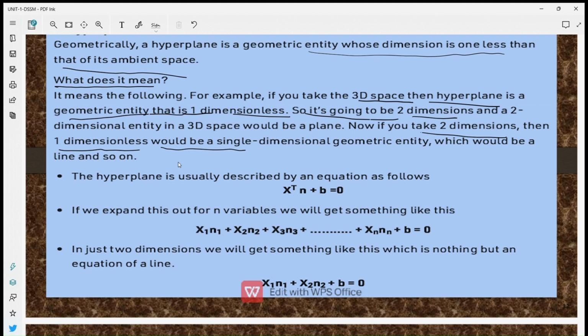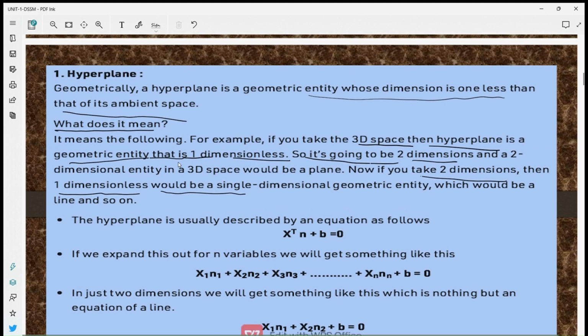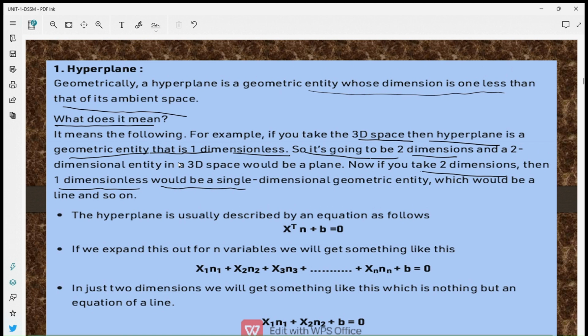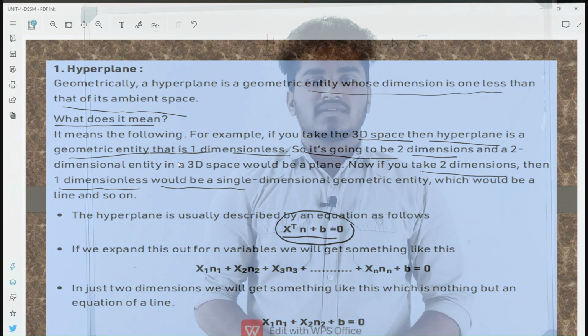So this is the definition of a hyperplane. The hyperplane is usually described by an equation as follows: x transpose n plus b equals 0. So this is the equation of the hyperplane.